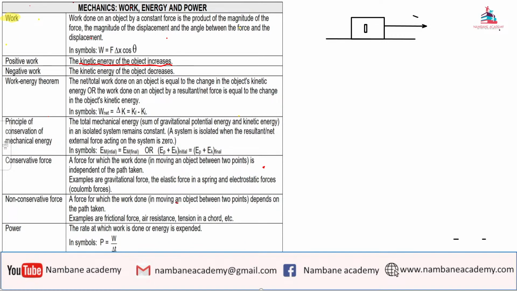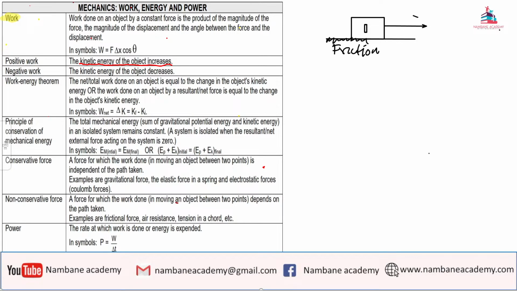Once I can calculate the value of F net, it means I am able to apply this principle that is called the work energy theorem. So with the work energy theorem, it is one of the energy principles. So let's have friction here.